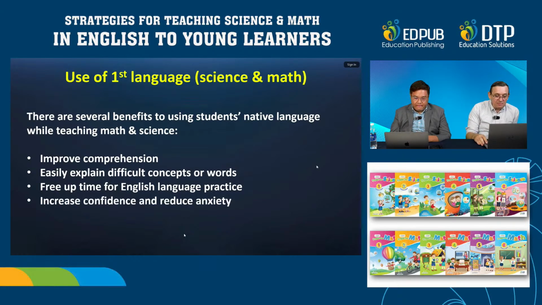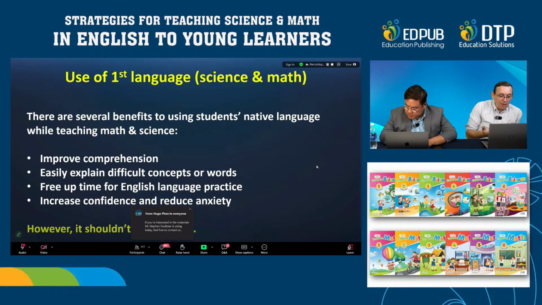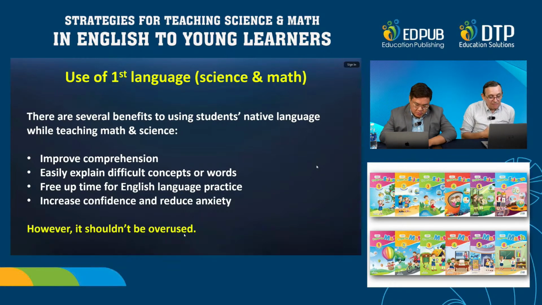And for the students themselves, it increases their confidence and reduces their anxiety. However, it shouldn't be overused. I would only use that at the start of the lesson for any complex vocabulary or any issues that there are around the concept.